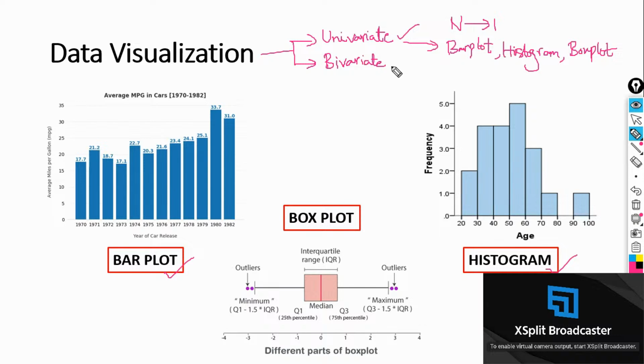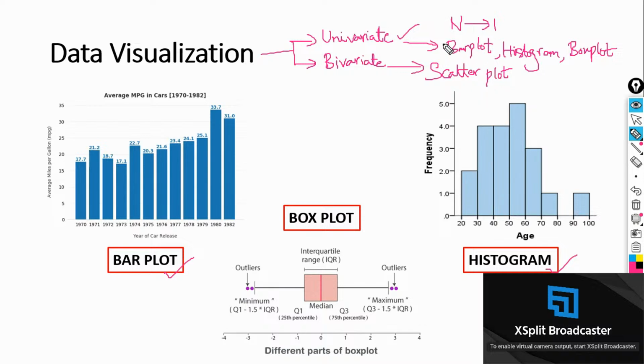Then, under bivariate plots, we are going to learn an important plot called scatter plot. So let us understand what is this bar plot, histogram, box plot, then scatter plot. We'll go with hands-on.